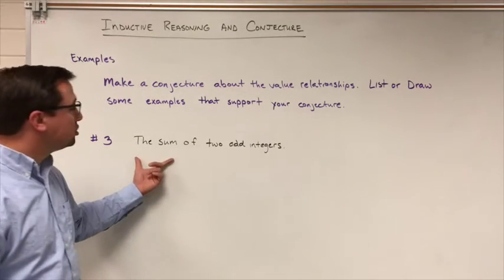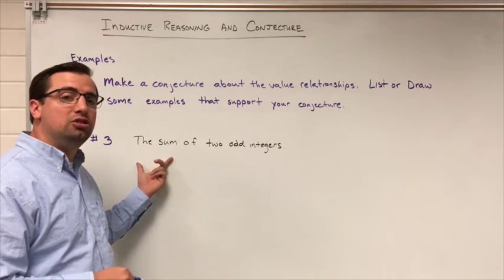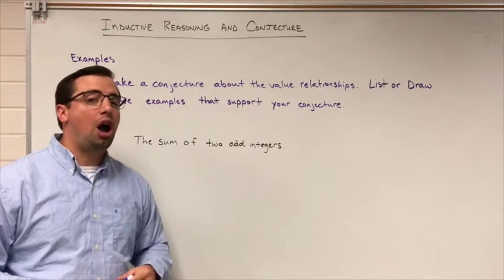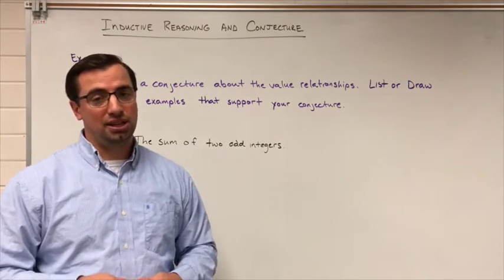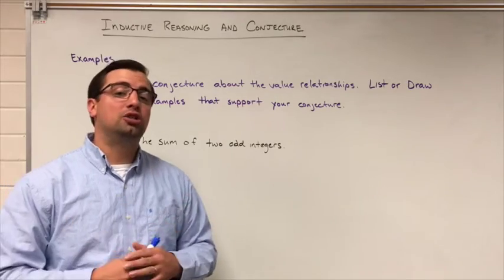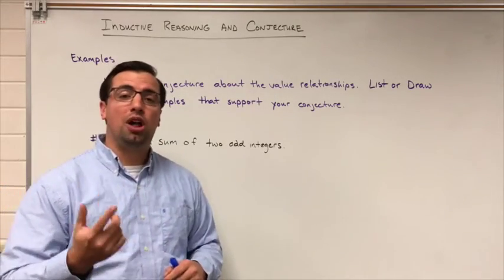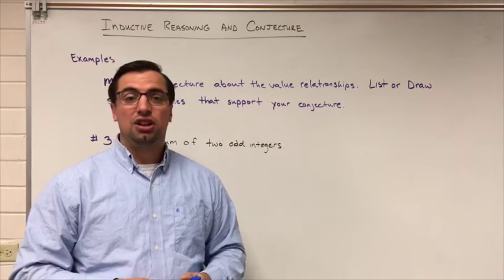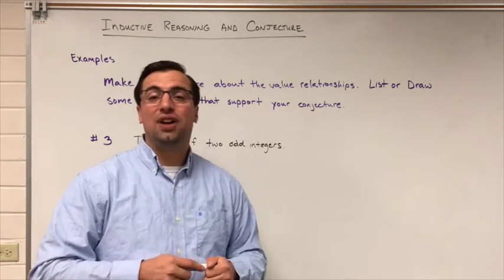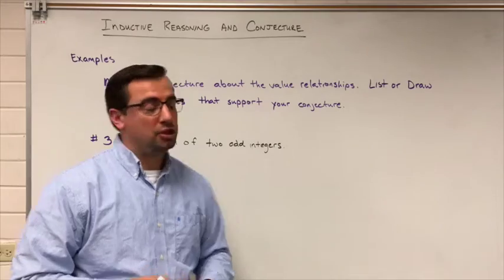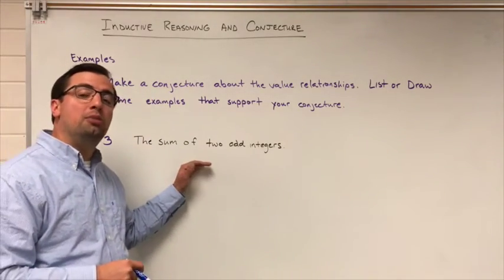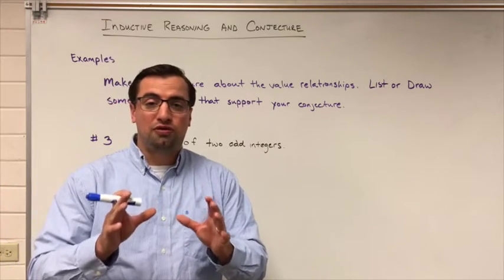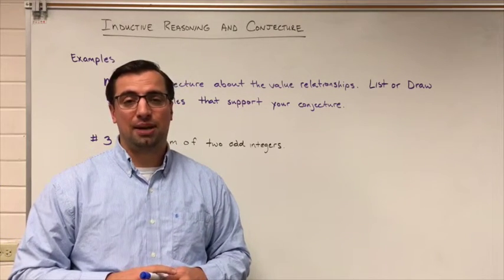So in this question, we are asked about what we think the value of the sum of two odd integers is going to be. Now, odd integers, remember those are the integers 1, 3, 5, 7, 9, 11, the ones that you cannot divide by 2 evenly. So in order to come up with our conjecture, the first thing you'll have to do is provide some examples.